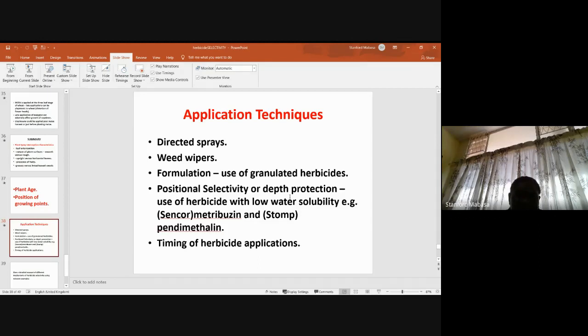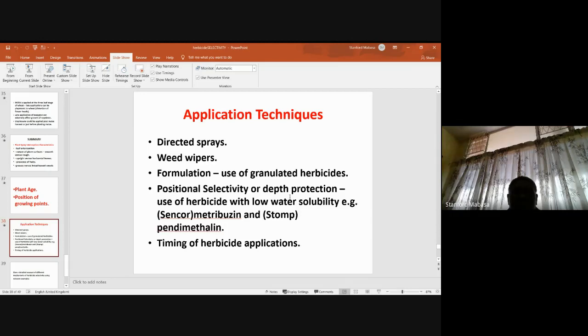Then there's formulation, where we have granulated herbicides, which look like fertilizer actually, which have to be broadcasted to rice. These granules won't stay on the rice plants, but they will fall to the ground, where they will release the herbicide which will start to kill weeds. Apparently, such herbicides cannot be taken via the roots of the rice.